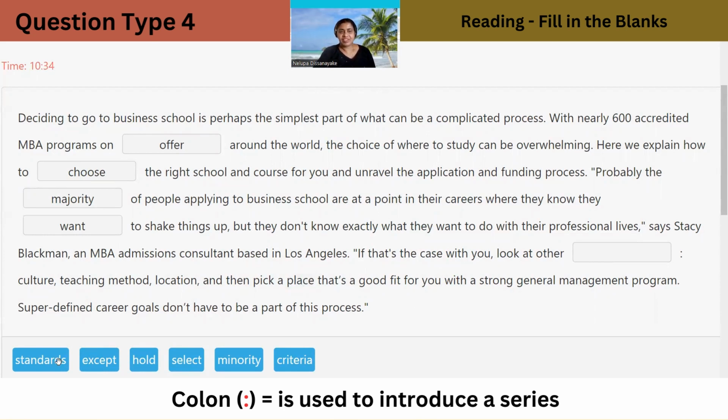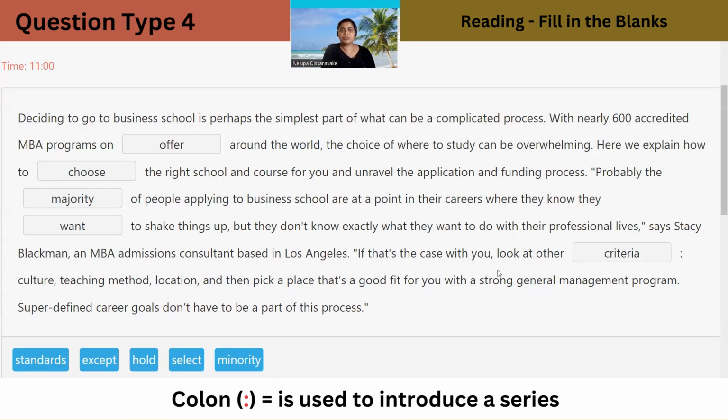Look at the standards. Can these be standard? These are not standard. These are culture, teaching method, location. Those are not the standards. Normally we call these a kind of list. This can be criteria. Other words don't match here. These can be criteria. So the most suitable word here is the word criteria. So this is how you have to solve the reading fill in the blanks question also.